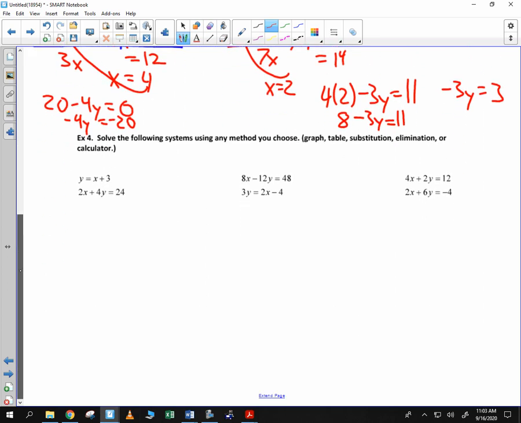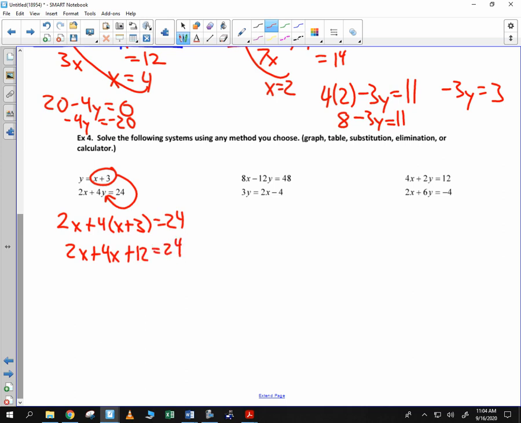To finish off, sometimes you have to make a choice of what's best. Do you use elimination or do you use substitution? I like to use substitution here because we know what y is equal to. 2x plus 4 times x plus 3 is equal to 24. 2x plus 4x plus 12 is 24. 6x plus 12 is 24.